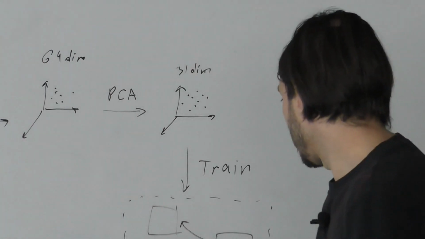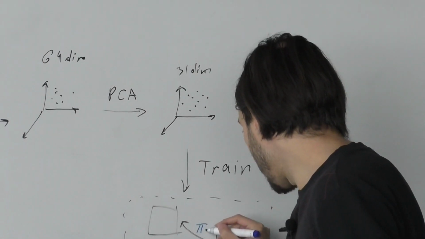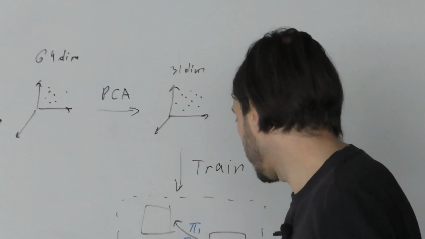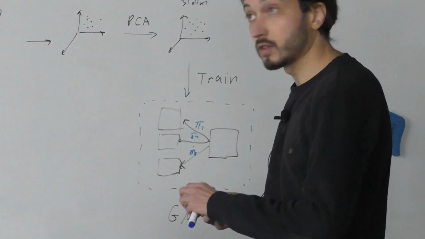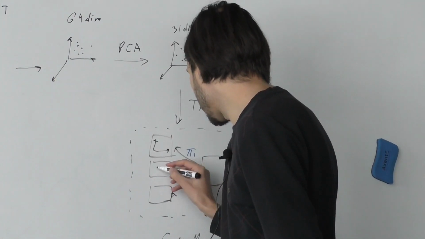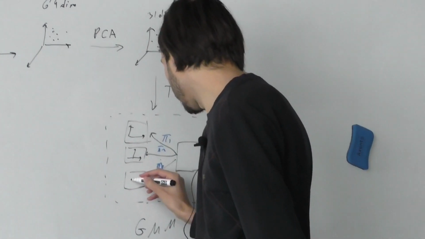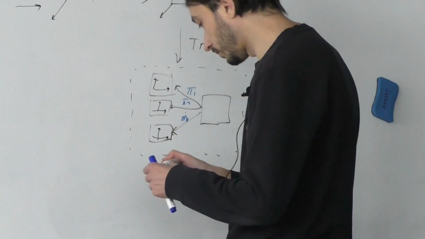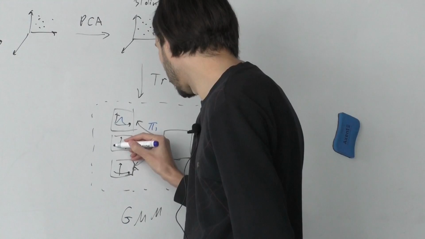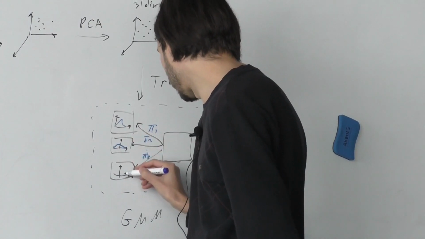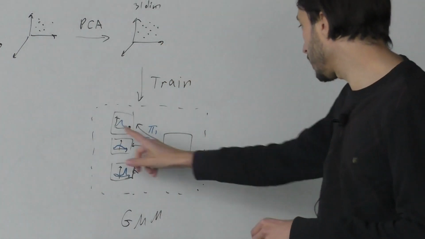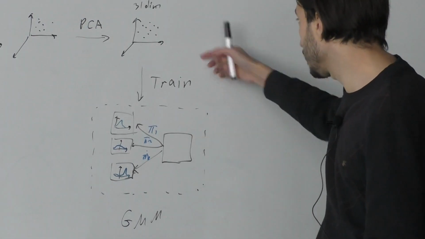And what I get in here are the probabilities pi 1, for example, pi 2, pi k. And I get parameters of my normal distributions that I have in here. So in each of these boxes, I have some normal distribution, and they all have different parameters. I get them from training. I train on these points.